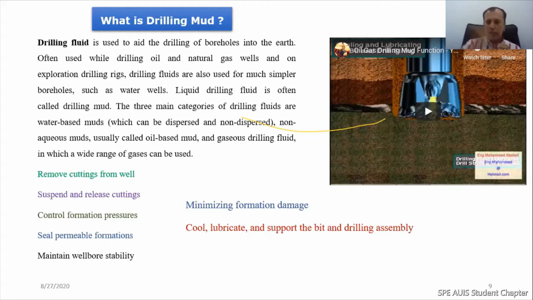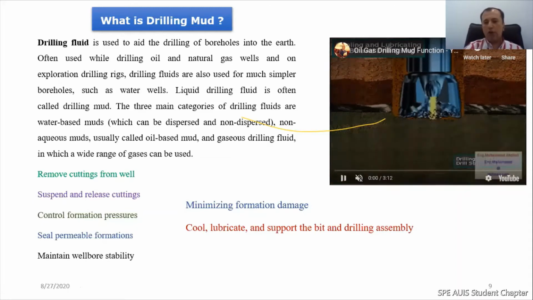It's going to seal it, paint it, like a kind of painting. So we reduce the formation damage, and as I told you, we reduce the temperature of the bit, and we also have cooling and lubricating the steel part while it's in contact with the rock formation.